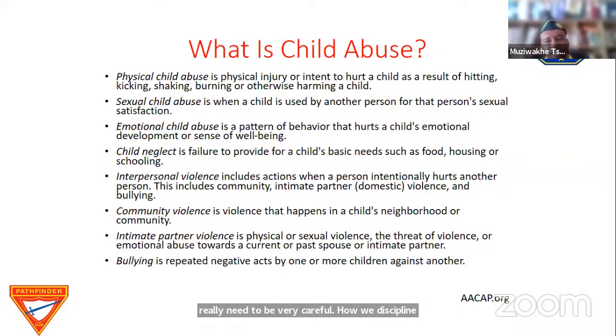Let me give another example. Sometimes one may feel that, okay, we don't have to hit children, and they do what used to be done to us at school. If you have pencils or pens as a leader, you can put 4 of them there and compress the child's hand like that, inflicting some kind of pain.